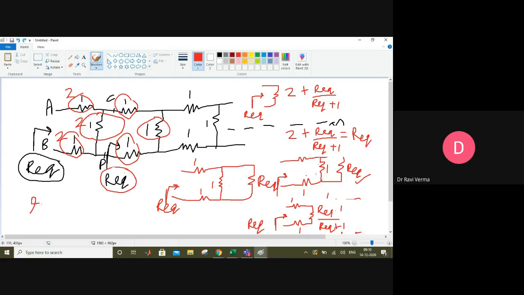What will be your R equivalent then? And all the resistances are of 2 ohms. In the last case, what was the answer? Root 3 plus 1, 2.732.